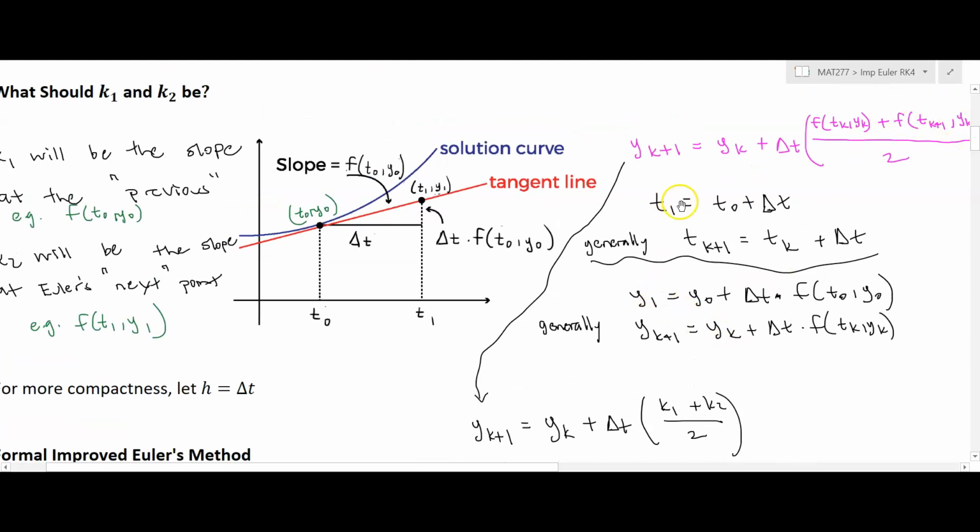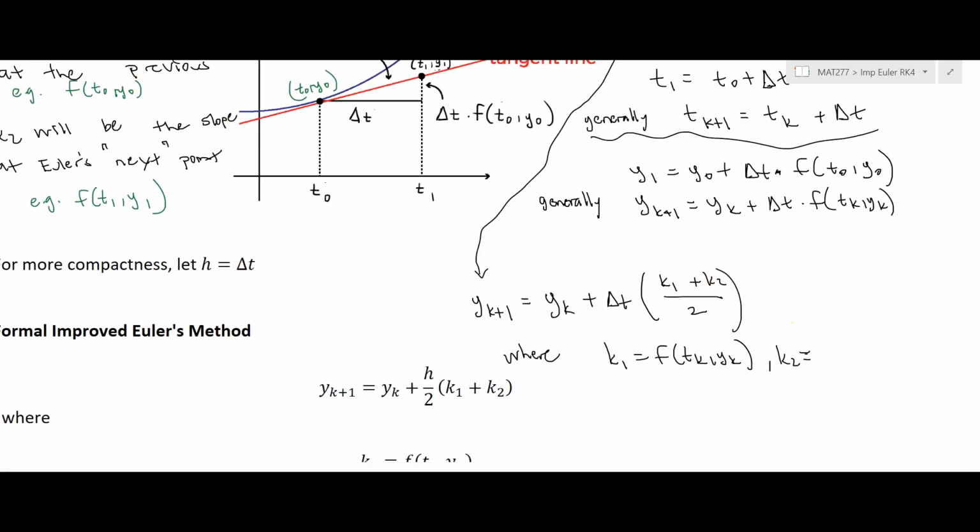But now I can rewrite tk plus 1 and yk plus 1 in terms of tk and yk. And don't worry, this will make a lot more sense whenever we look at an example of it. So t sub k plus 1 is t sub k plus delta t.